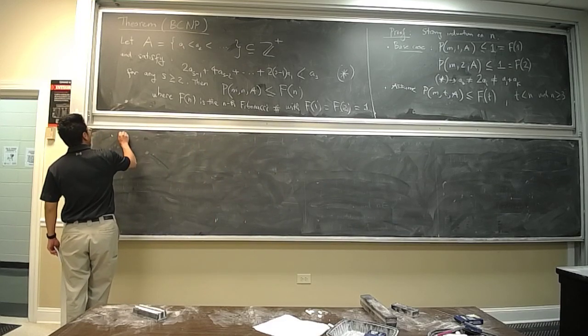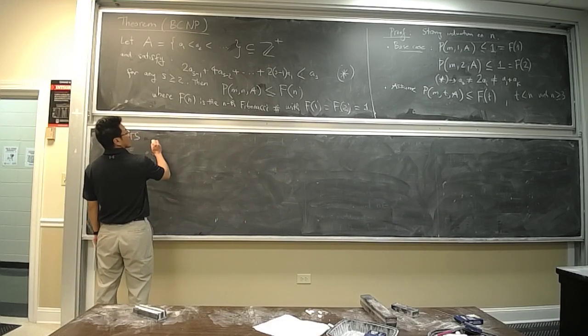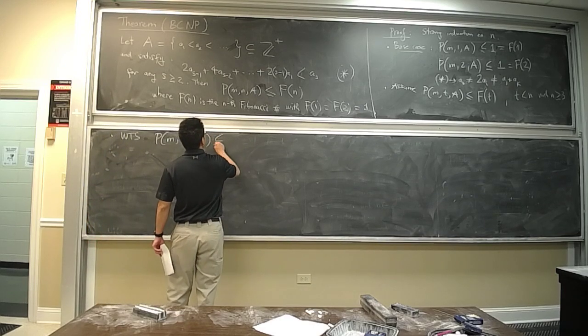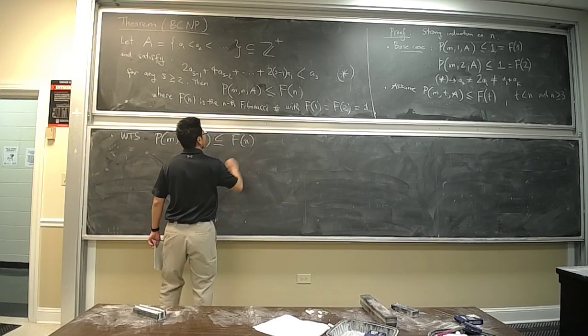Okay, so now we want to show that P sub n of m and A is less than or equal to F sub n.